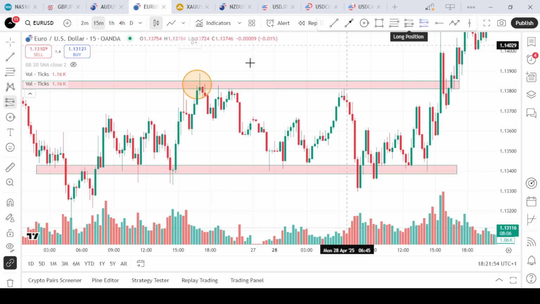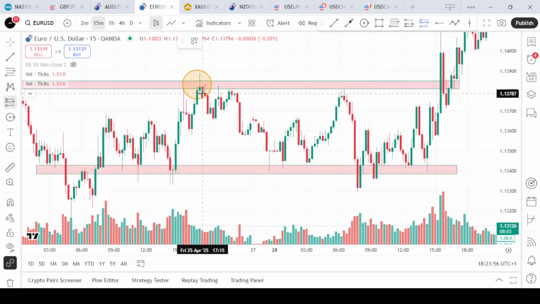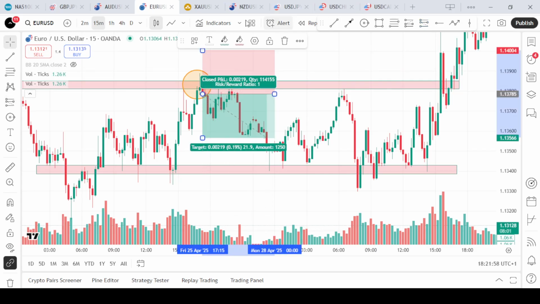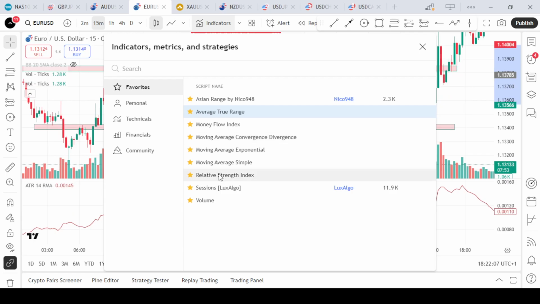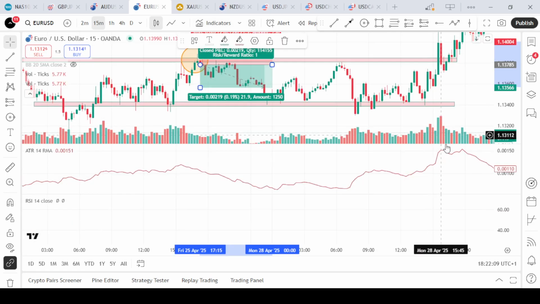You can enter your trade, accompanied by your RSI to give you more strength. Sorry, you add your RSI to this chart, not your average true range. Your RSI.